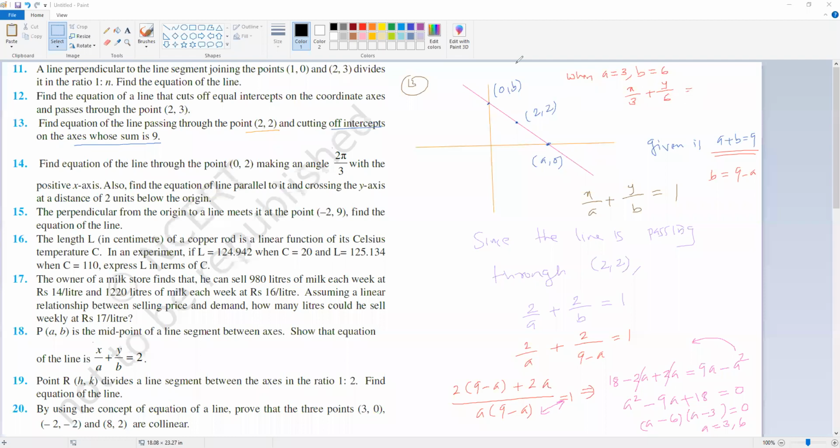Now when a is equal to 6, two values are possible for a, so when a is 6, b is equal to 3 because the sum is 9. So the equation is x/6 + y/3 = 1. So these are the two possible equations. Got it? Understood?